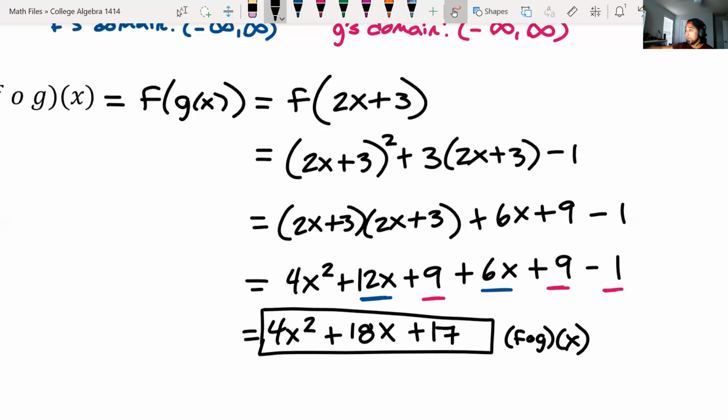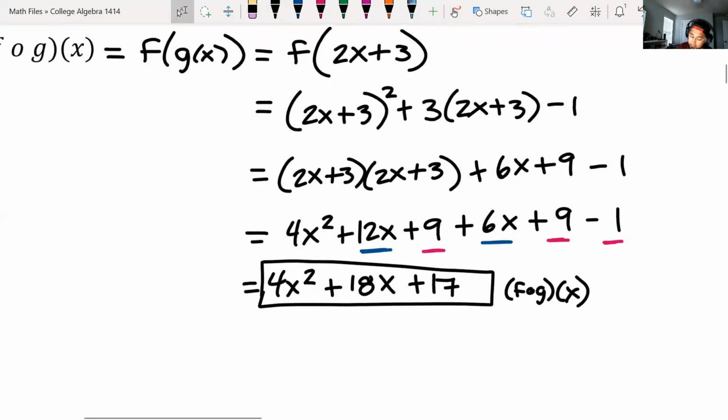Like I say, when you compose with a function, you have to take that function's domain. Lucky for us, the domain of both functions is all real numbers. So this means that the domain of this function is also going to be all real numbers.